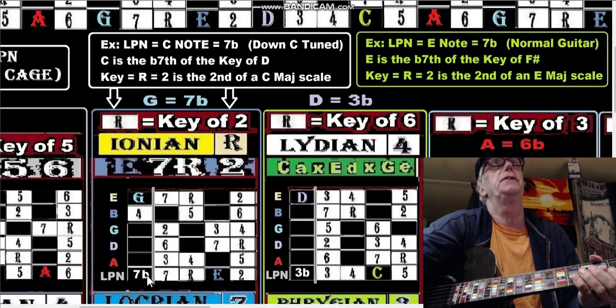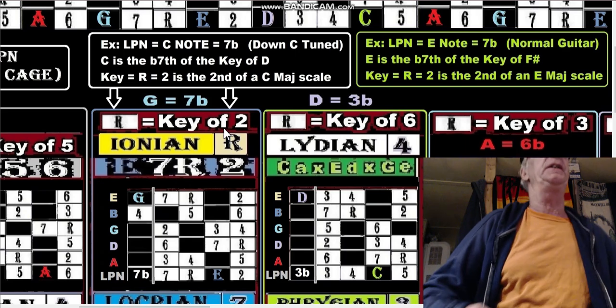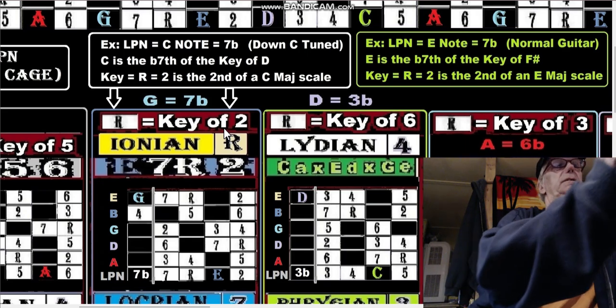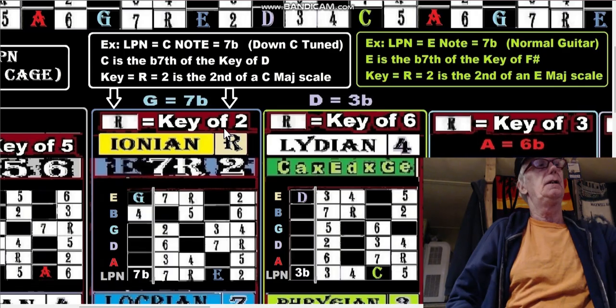Okay, so the C equals 7 flat. The G string shape is at the 7 flat. What is the key? The key is 2 because C is the 7 flat of the key of D. So here's D and here's C.